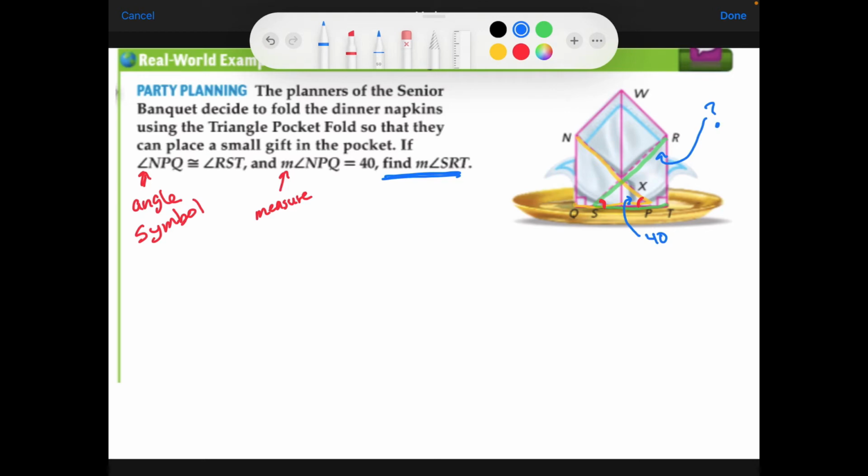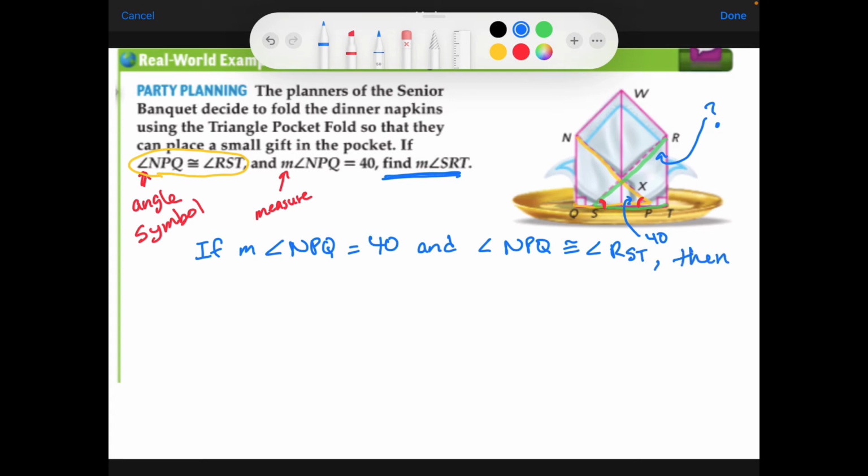So based on the information that these two angles are equal, we can then say that the measure of angle NPQ is equal to 40, and we know that the measure of NPQ is congruent to the measure of angle RST, because that was given.